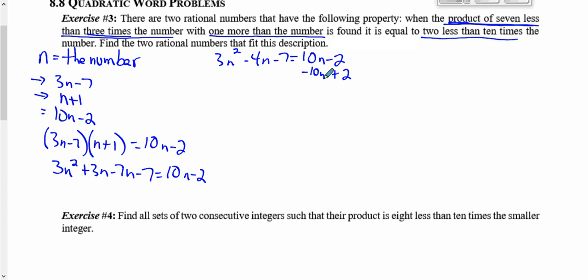And now let's put it under their like terms. They both have like terms to go with, right? What's that leave us? 3n squared minus 14n minus 5 equals 0. Now it equals 0.